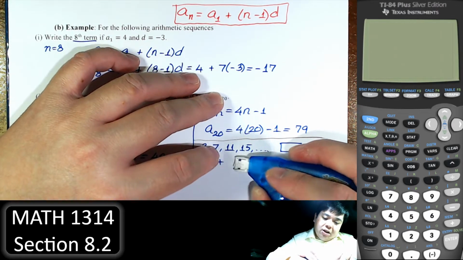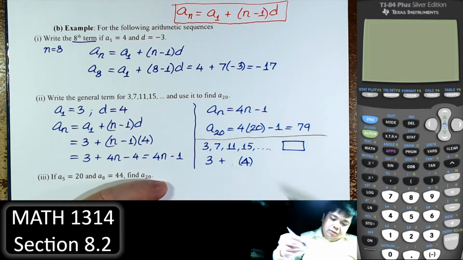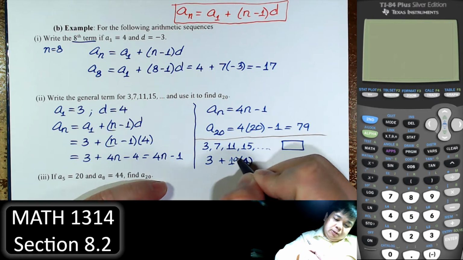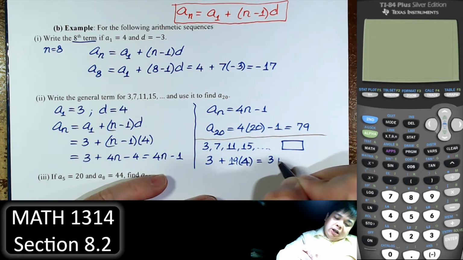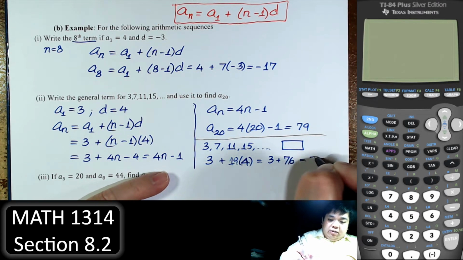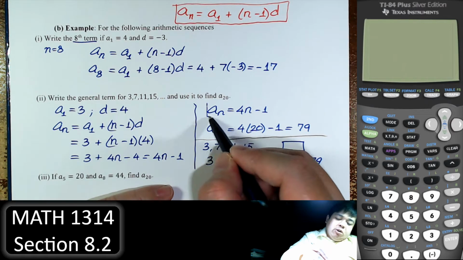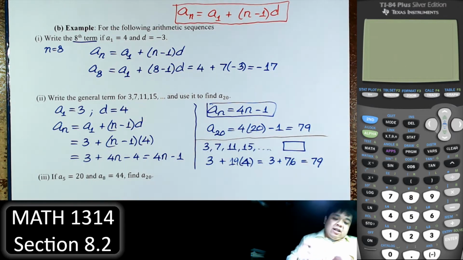And each step is the plus 4. So 19 times 4 is 76. And that's 79. Right. But this time they do ask for the general term, which is that.